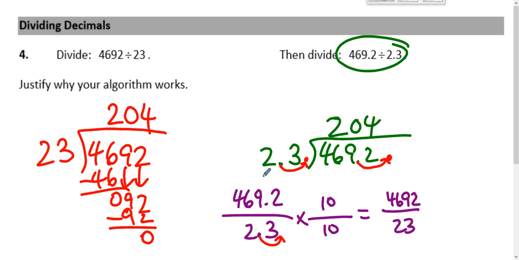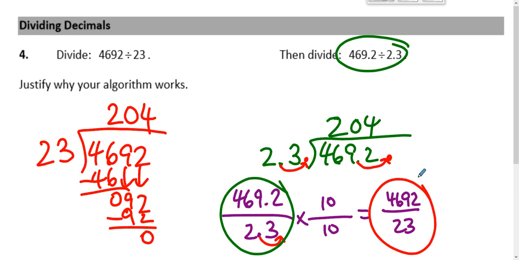And so what we remember about fractions tells us that whatever the answer to this question is, is the answer to this question. So the red question and the green question have the same answer. That's why it works. It doesn't just work because, oh, now we're dividing.